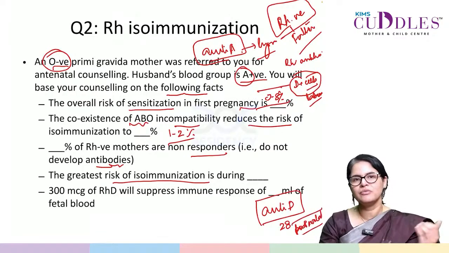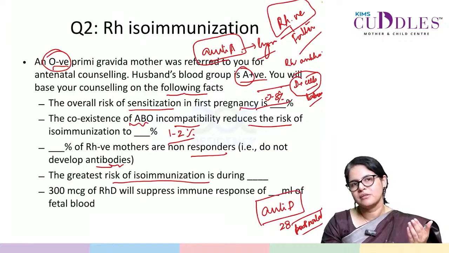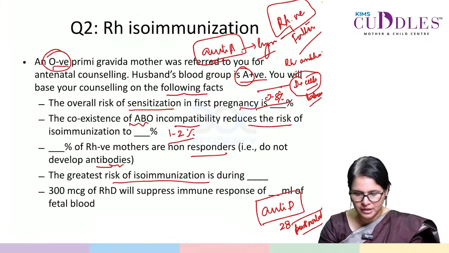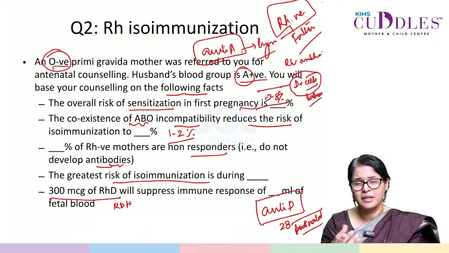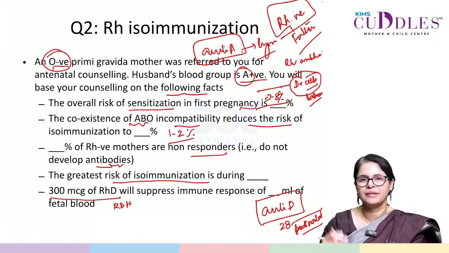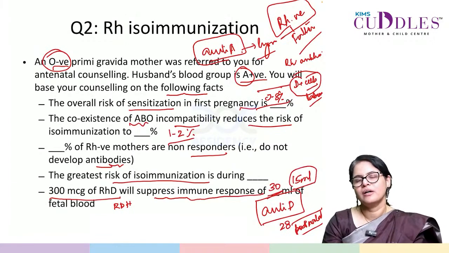Postnatally, it should be given within the first 72 hours after birth, so that whatever fetal red blood cells entered the maternal circulation during labor or delivery will be taken care of by this anti-D. So 300 micrograms of Rh immunoglobulin, RhoGAM.